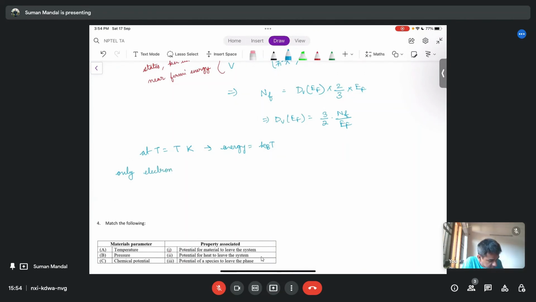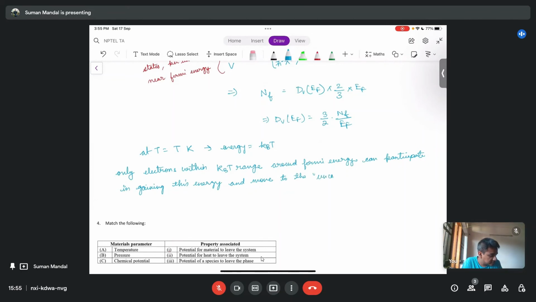Only electrons within kBT range around Fermi energy can participate in gaining this kBT energy and move to the unoccupied states, which are initially unoccupied, at higher energies.